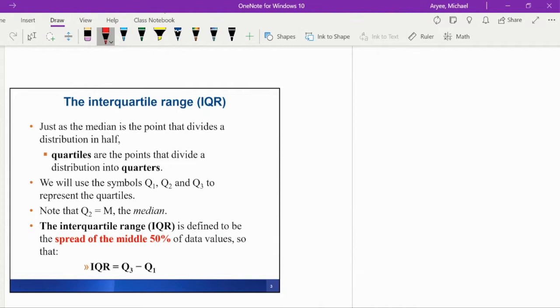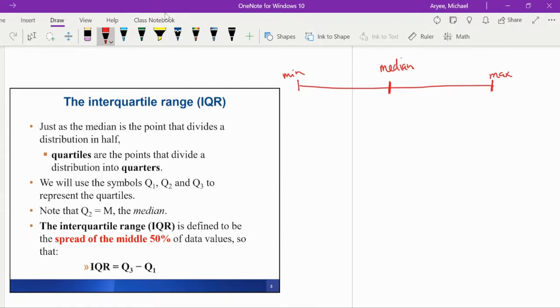So imagine yourself spreading a given set of data in such a way that you line them up from the minimum to the maximum. Now, if you find out what is the exact data value in the middle, we used to call this the median, right?